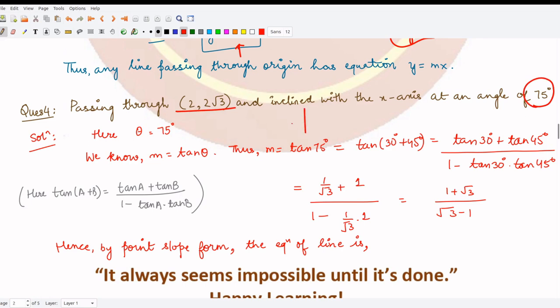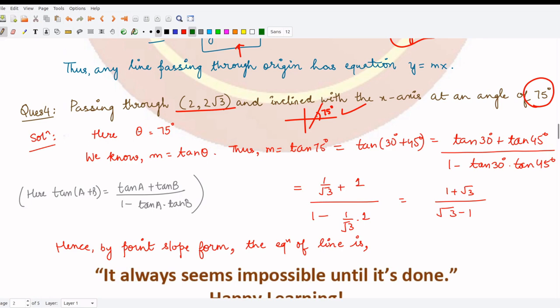If you have some coordinate axes like this, it says the line is inclined with the x-axis like this, making an angle of 75 degrees, and we are counting the angle from the positive x-axis in the anti-clockwise direction. So our line would be something like this. Here the value of theta is 75.